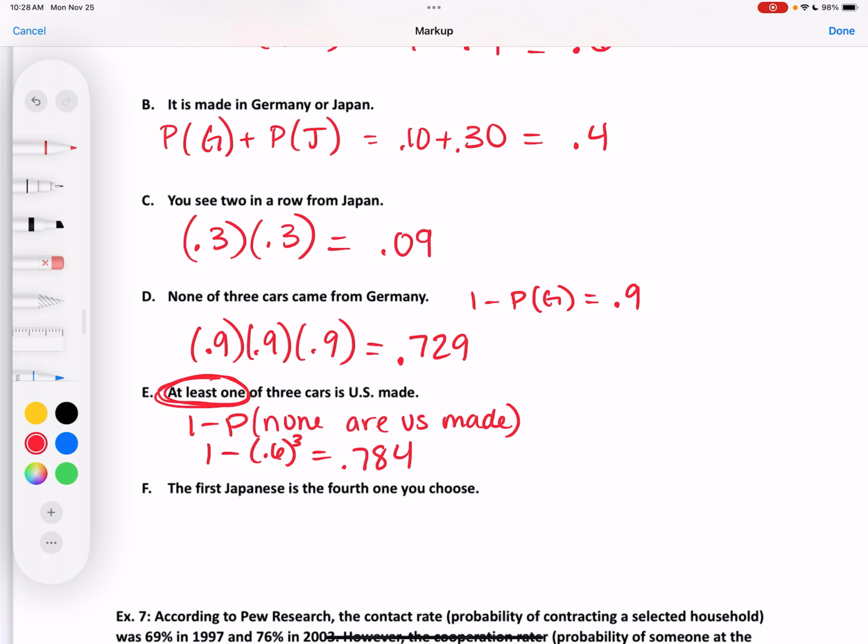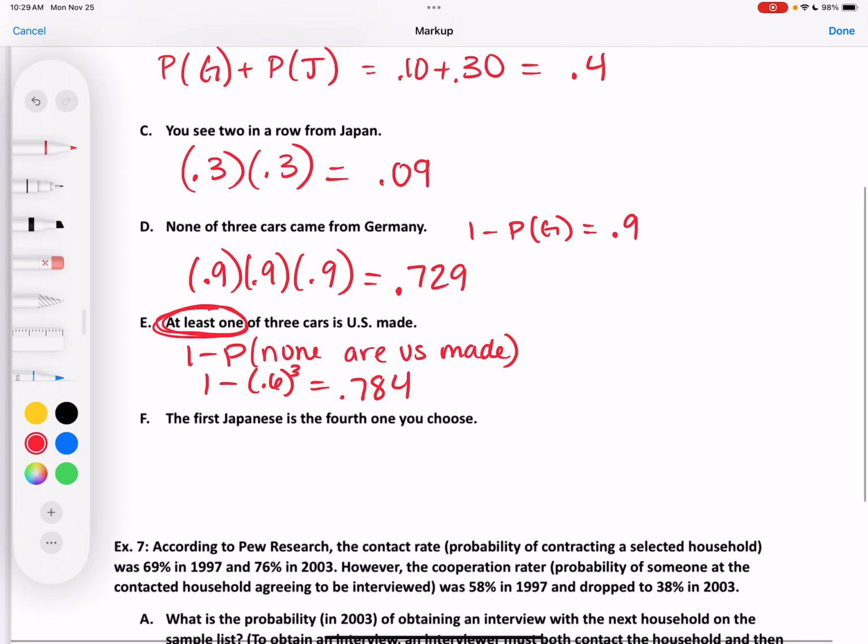The first Japanese is the fourth one you choose. So I have 3 that are not Japanese, followed by 1 that is.